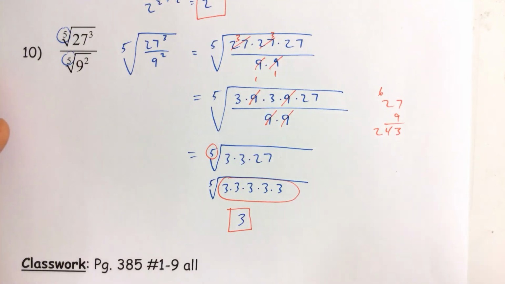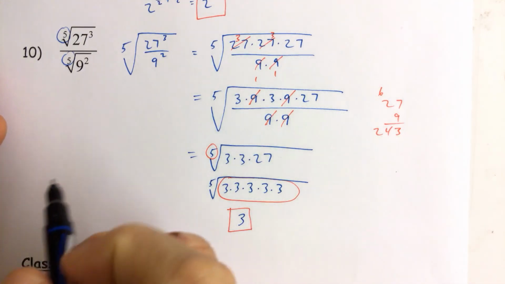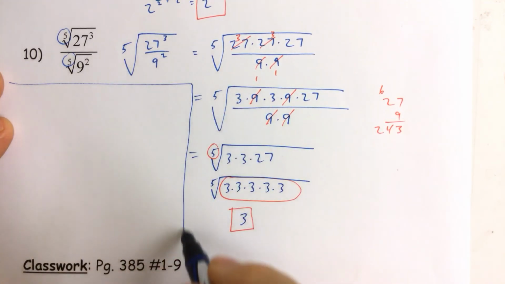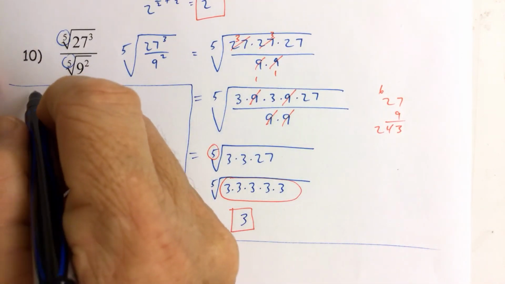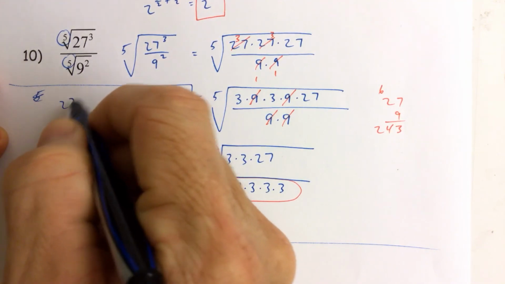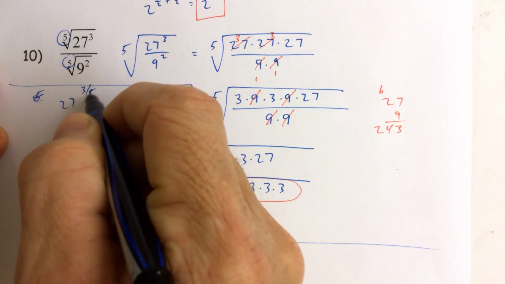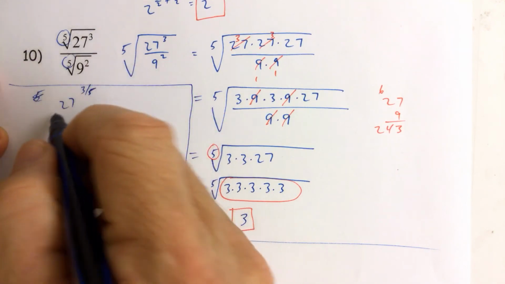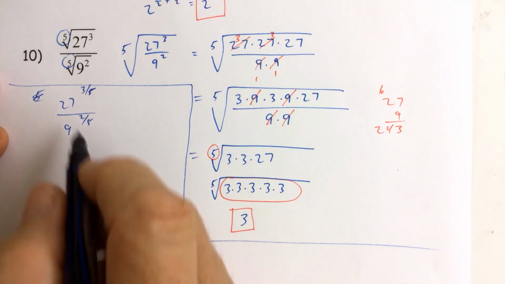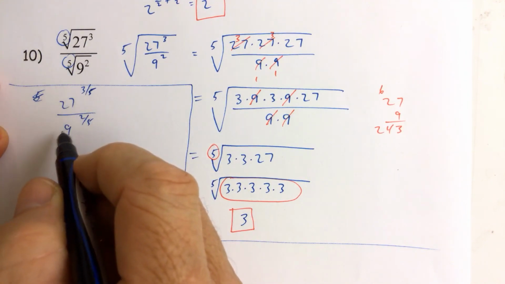I'd be curious to see if we did something else. If you don't mind, you don't have to watch the rest of this, but I'm just kind of messing around here. The 5th root of 27 to the 3/5. Let's say we did it the exponential way: 27 to the 3/5 over 9 to the 2/5. Well, let's express both 27 and 9 as powers of 3.